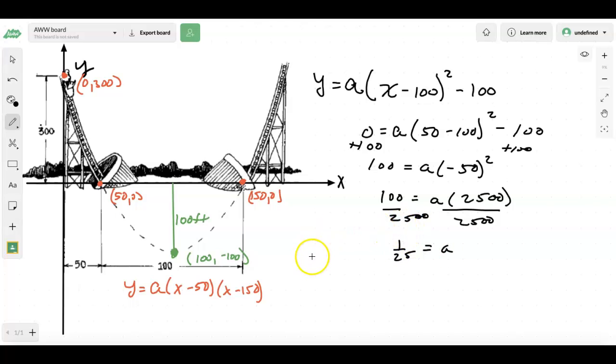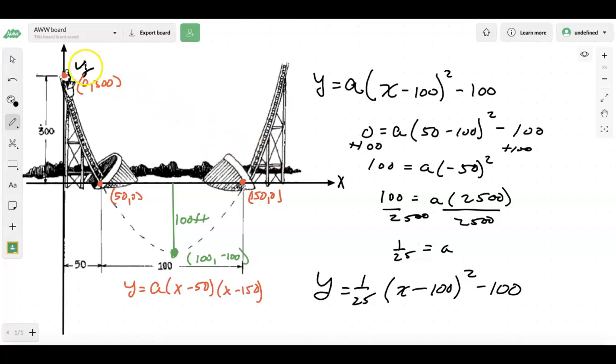So our equation in the graphing form, the vertex form, will be that y equals 1 over 25, and the rest of the equation we know, (x minus 100) quantity squared, minus 100.